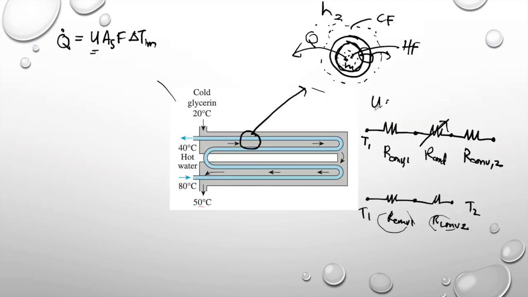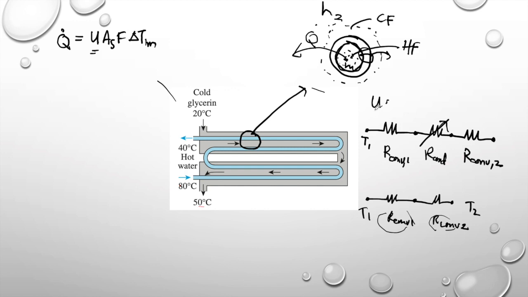So we do not need to find the heat transfer coefficient. As you can recall from chapter 3, you have to do some calculations to determine the heat transfer coefficient based on the Nusselt number. Now we have to calculate the overall heat transfer coefficient.